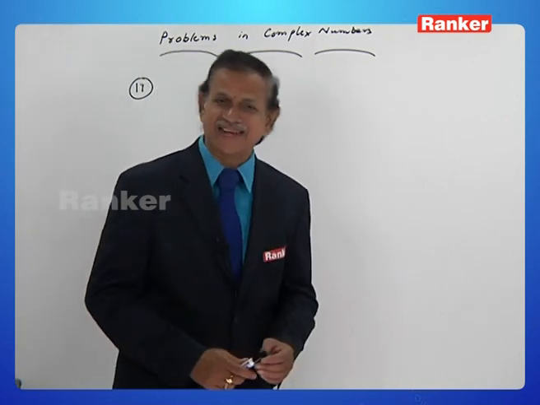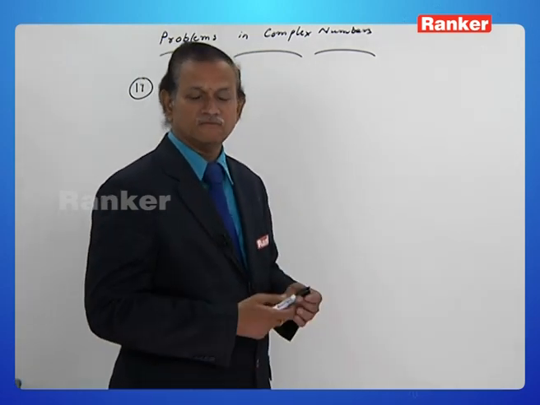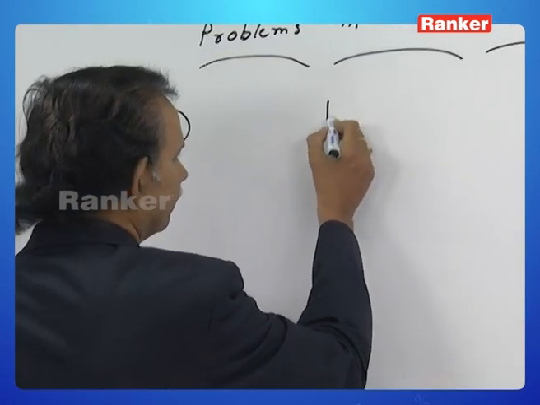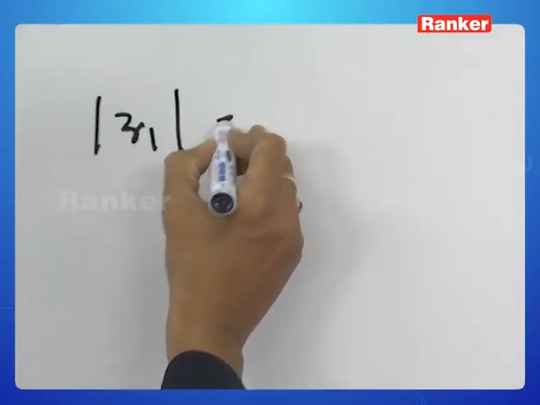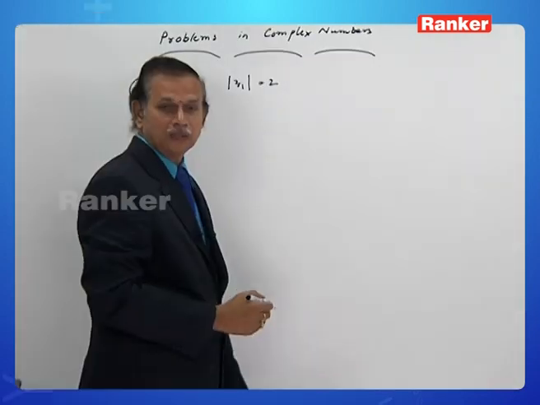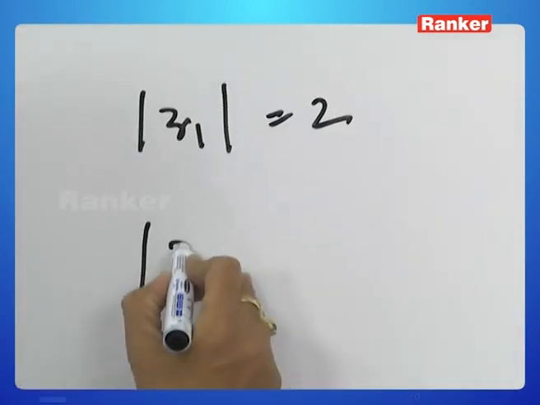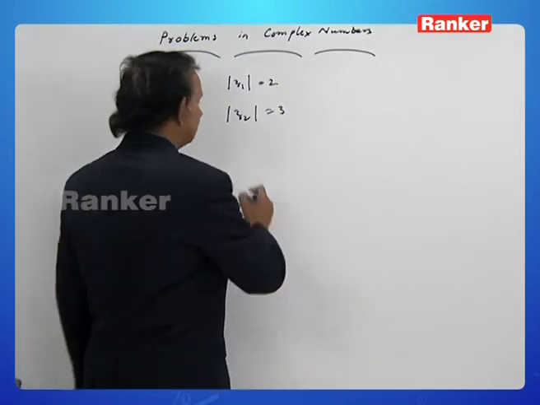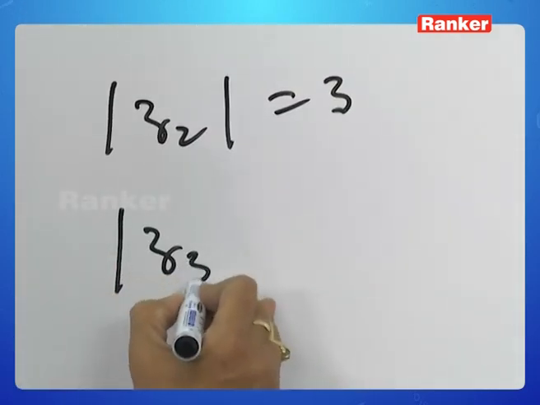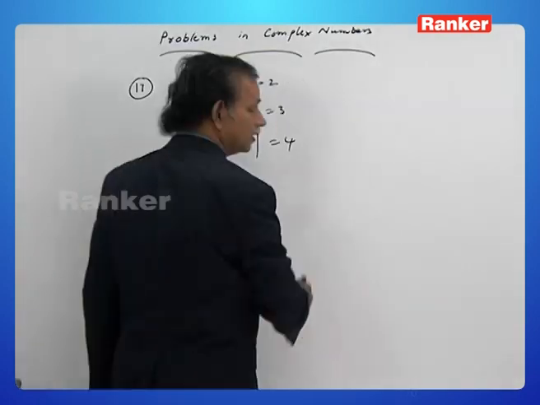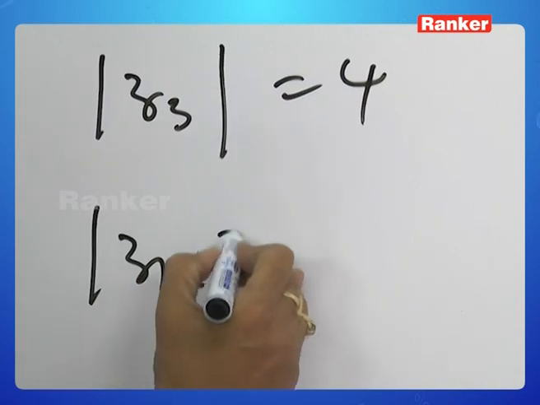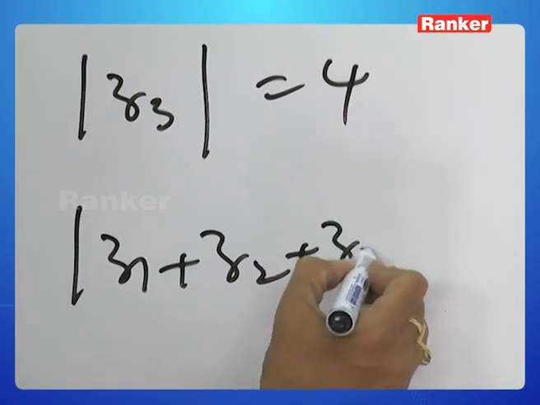Let us first of all grasp what are all the things given. First one given is |Z1| = 2. Next one, |Z2| = 3. The next one, |Z3| = 4. And the last one, |Z1 + Z2 + Z3| = 5.